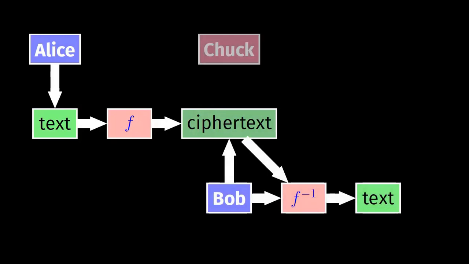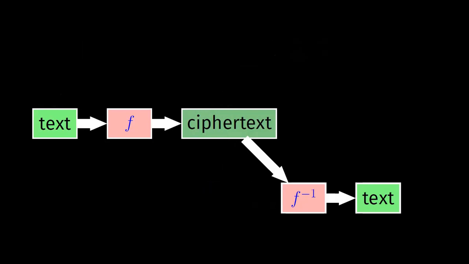If Chuck happened to read the ciphertext, he wouldn't understand anything, because without the function f, that is the private key, he cannot retrieve the original text. So that's over for him. In general, we summarize a private key algorithm with this short diagram: text, function f, ciphertext, f-1, and text again.